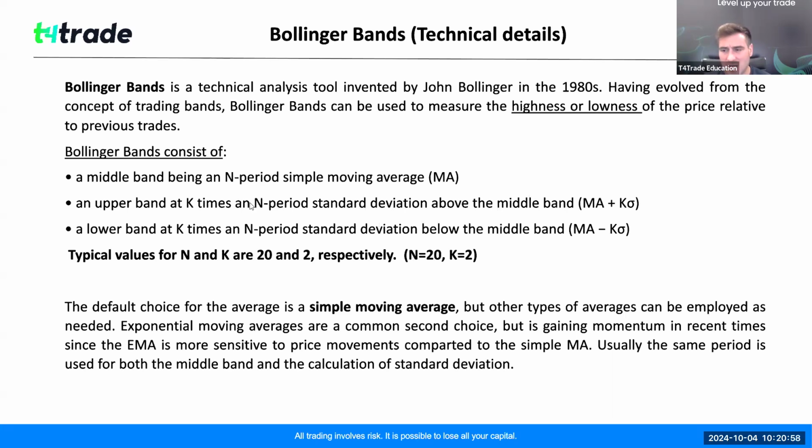However, in recent times, we have seen the rise of the usage of exponential moving averages, which are indeed a common second choice. Maybe they are the first right now, mainly because the exponential moving average places much more weight on the more recent trading days or trading periods compared to the simple moving average.